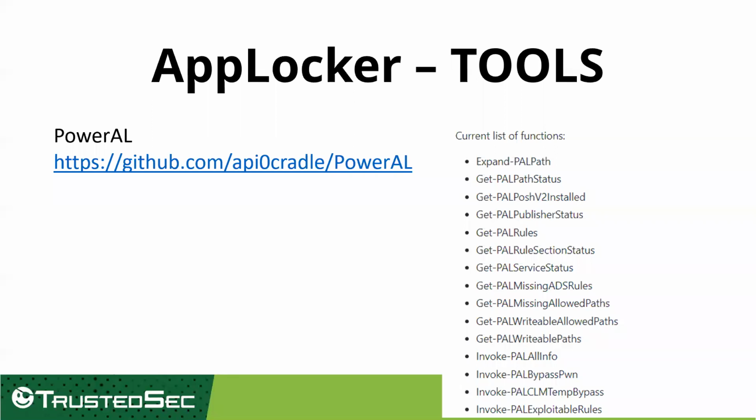There's also some other cool things that I've implemented, such as Get-PALWritableAllowedPaths. So what it basically does, it enumerates all the possible writable paths on the hard drive, and then it reports back which locations are whitelisted in terms of those that are writable. So you get a list of possible paths that you can actually execute code or binaries from.